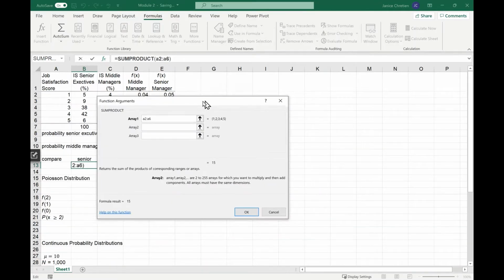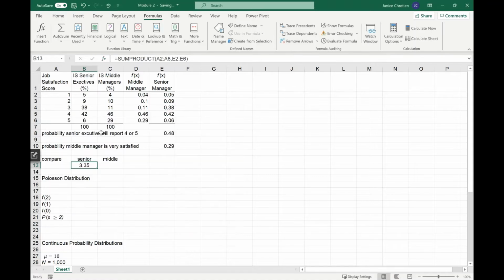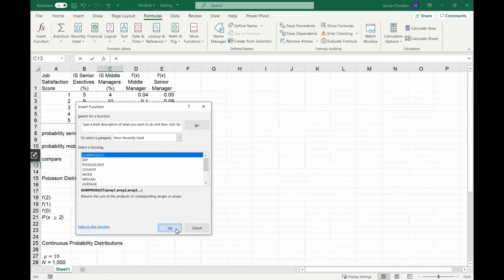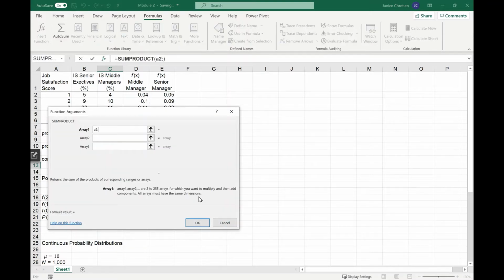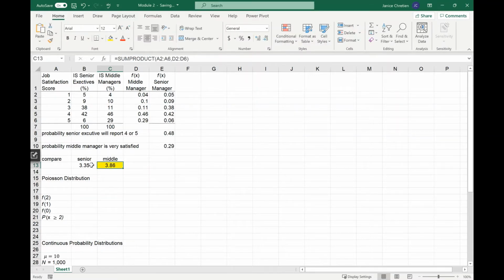And then for my senior manager, it is going to be E2 to E6. And then for my middle manager, again, I'll SUMPRODUCT, and I'll say A2 to A6. And then my array 2 for middle manager is D2 to D6. So by looking at these values, it looks to me that the middle manager is more satisfied than the senior manager.